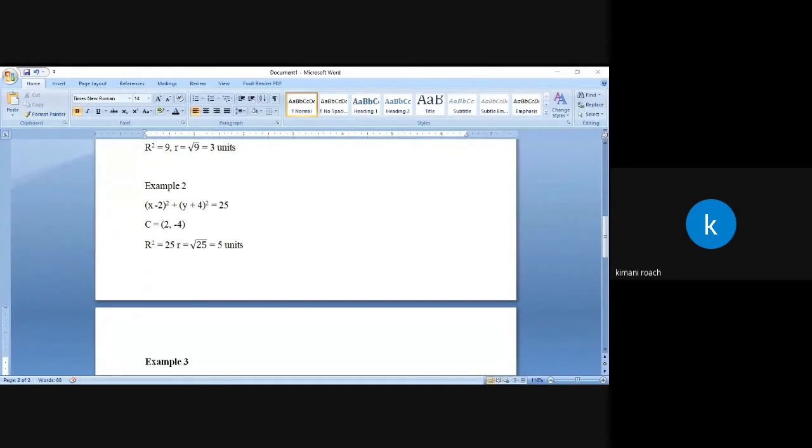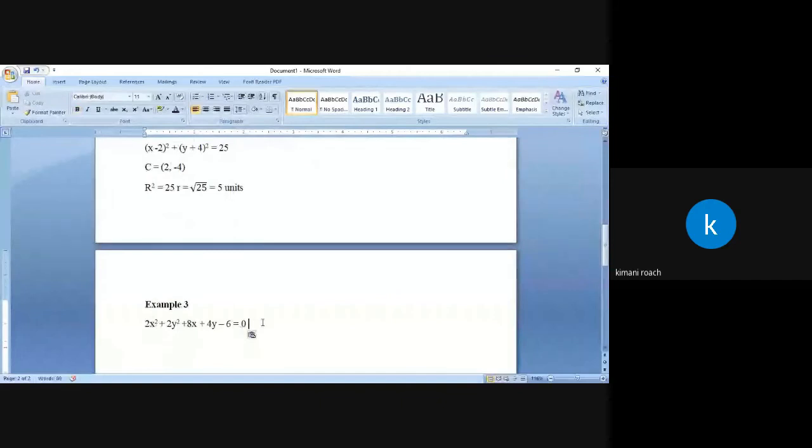Here we have the equation of the circle, 2x² + 2y² + 8x + 4y − 6 = 0. We need to find the center, the length of the radius, and then plot this circle.